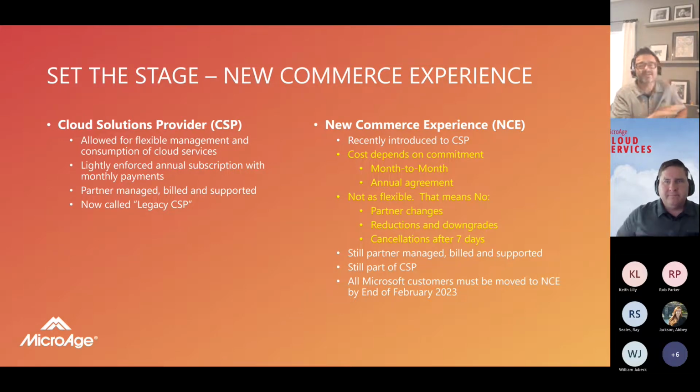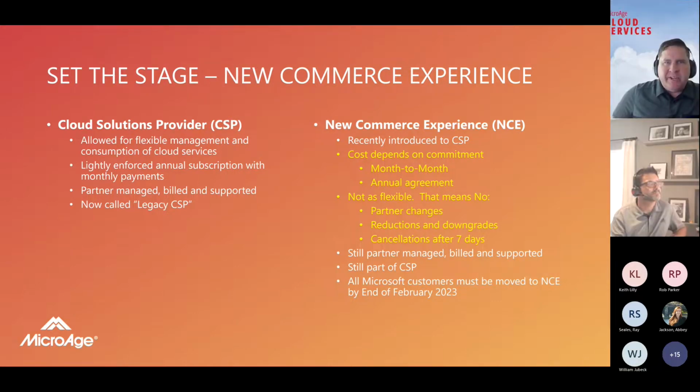Jason, is there anything you want to add to this before I continue on? Yeah, absolutely. I think when you start looking at the comparisons, right, the EA versus CSP, and it might look like it's more rigid, when you look at going to NC. However, once you look at the comparisons of what you can do with the new commerce experience, right, you have that 12-month agreement, but you're still able to upgrade and add licenses during that term.